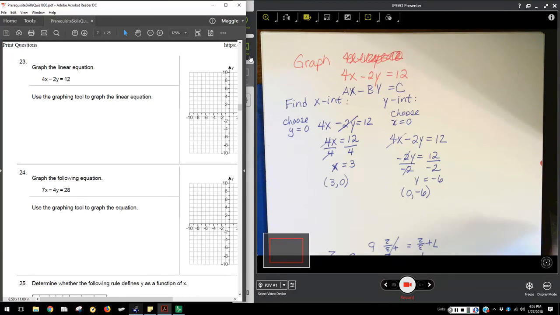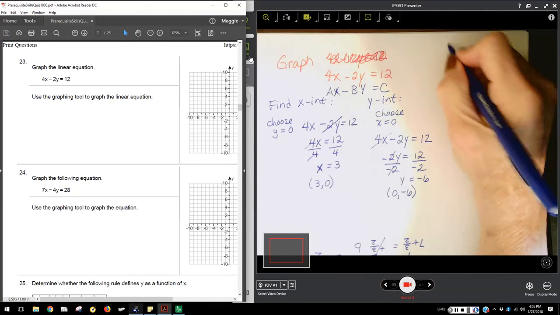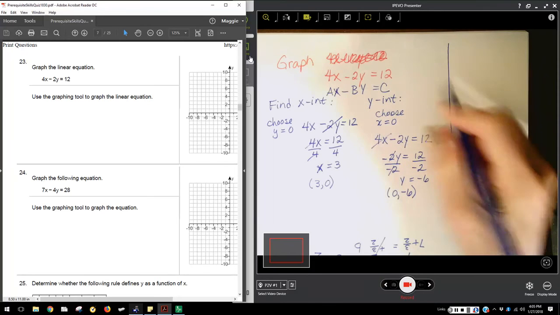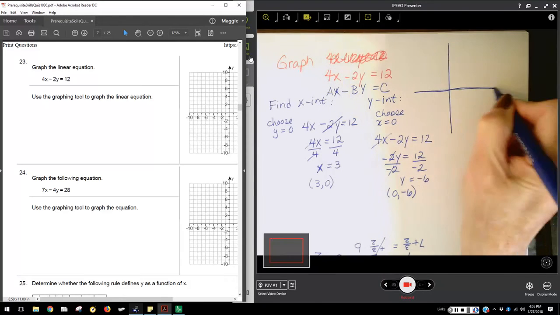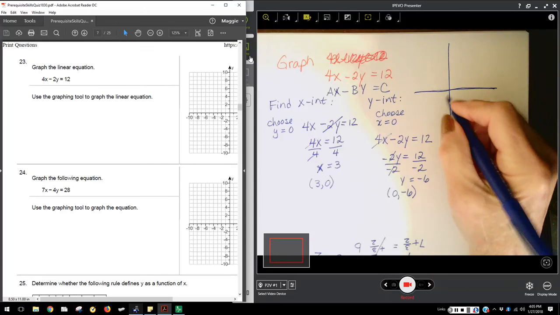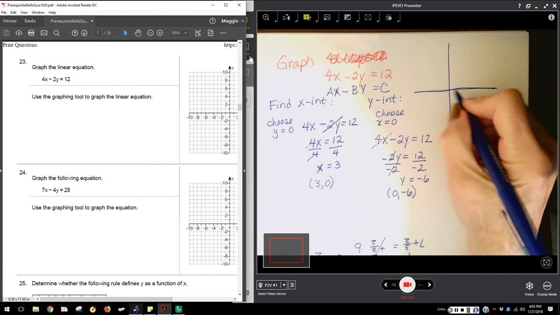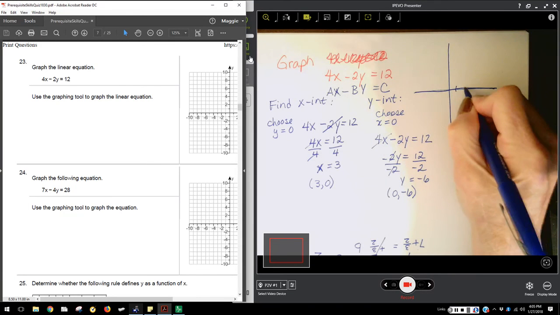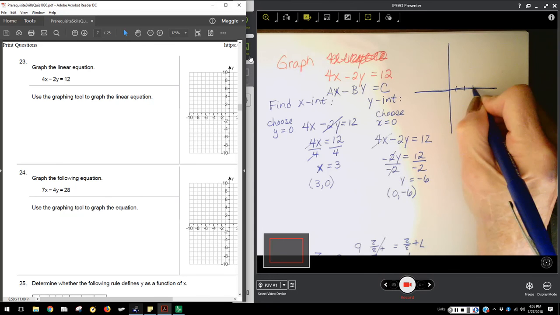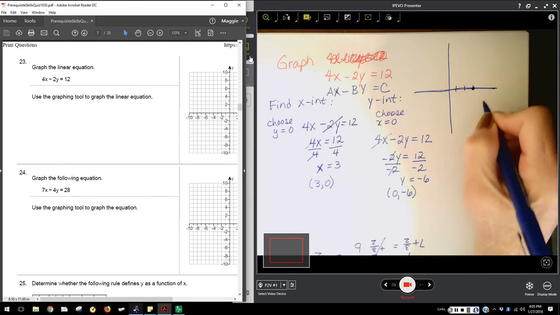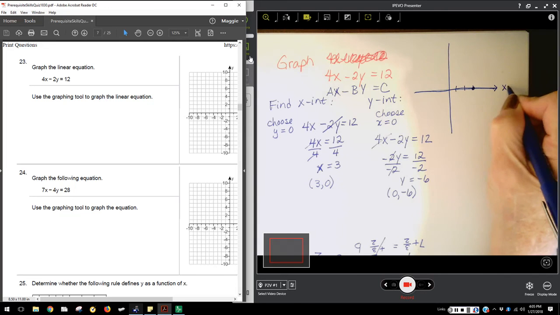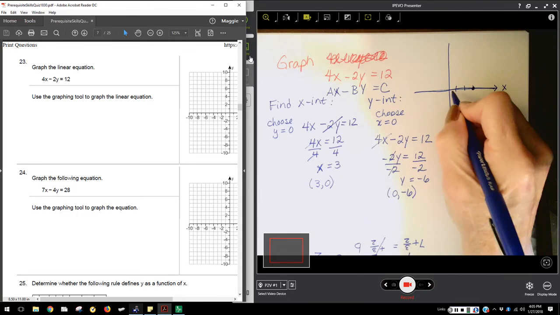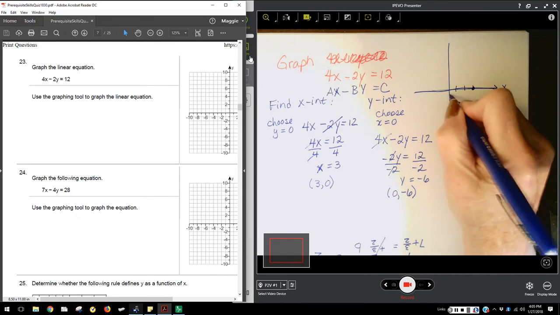So when you're trying to graph that, what you're going to do is you're going to start at 3, 0. Means you go right 3 and stay on the x-axis because that's your x-intercept. And then on the y-axis, you're going 0, negative 6.